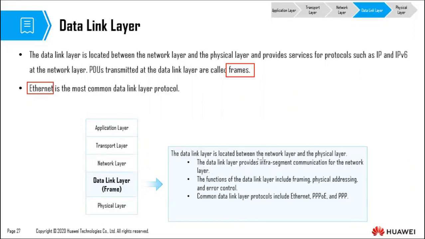For example, it provides intra-segment communication for the network layer. Its functions include framing, physical addressing, and error control. Common data link layer protocols include Ethernet, PPPoE, and PPP. So we are going to learn about those protocols much later.